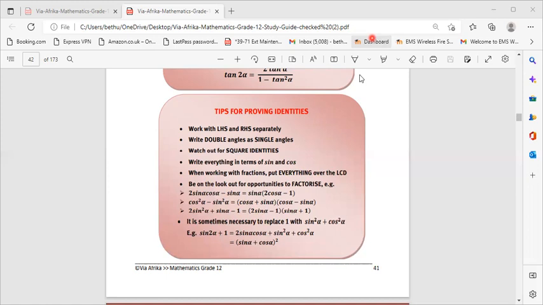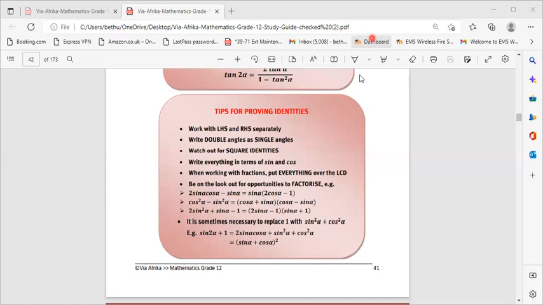It is sometimes necessary to replace 1 with sine squared alpha plus cos squared alpha. Remember that identity? Yes. Sometimes they will trick you and put a 1. So what you can do is replace the 1 with sine squared alpha plus cos squared alpha. Let me give you an example.